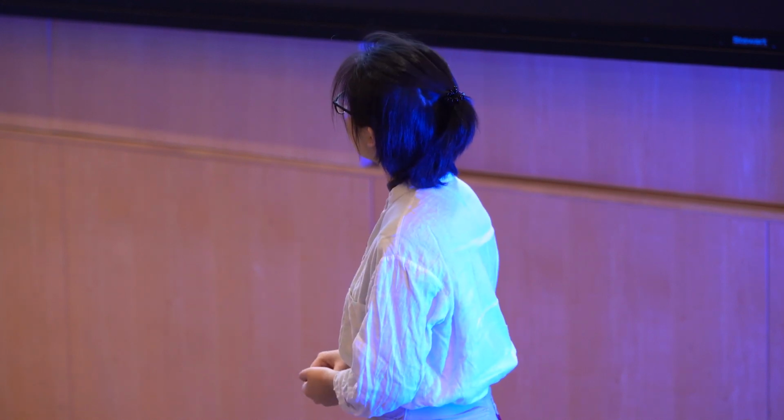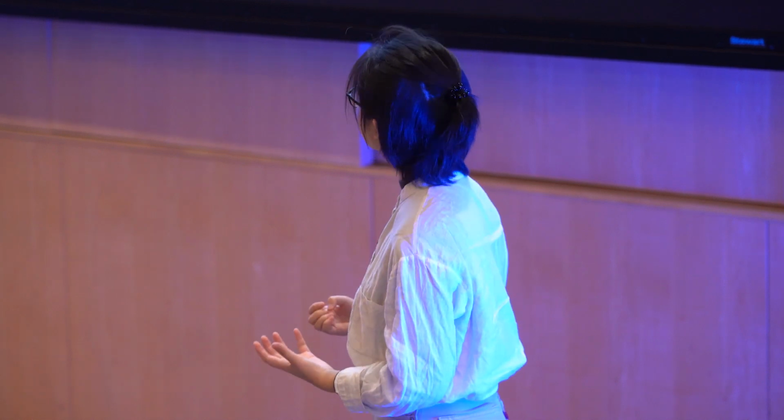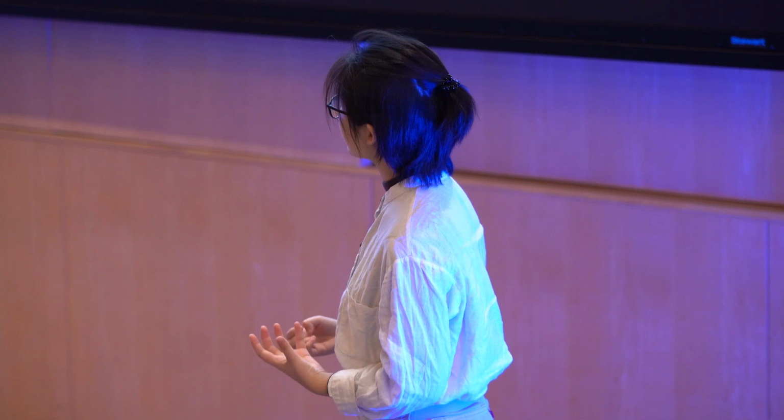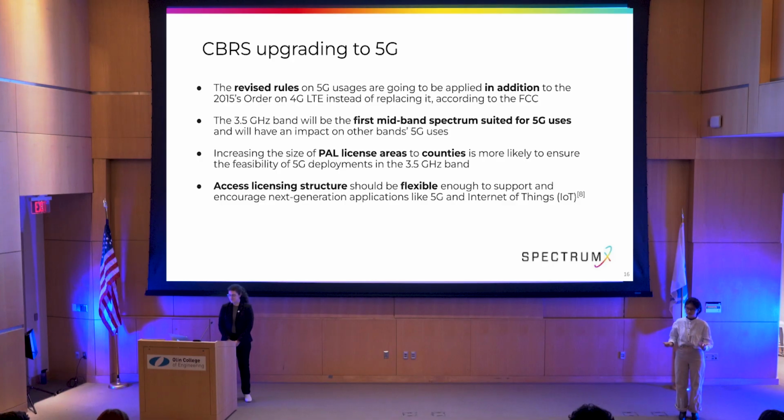But the 3.5 gigahertz band will still be the first mid-band that will deploy 5G built on the current 4G system. We need to make sure the flexibility is enough to support future technologies like 5G and 6G. So yeah, that is all.